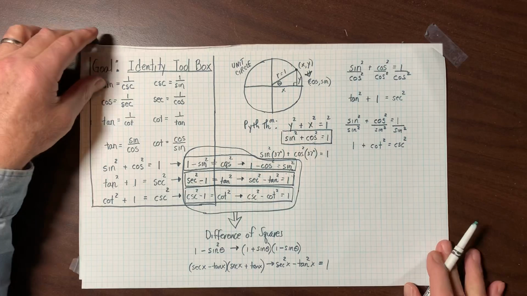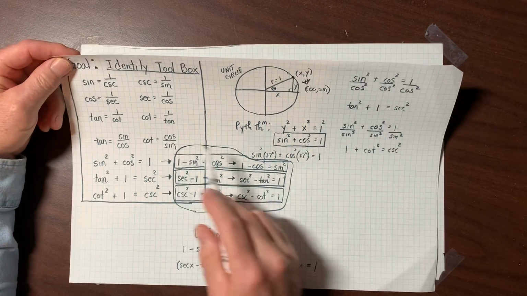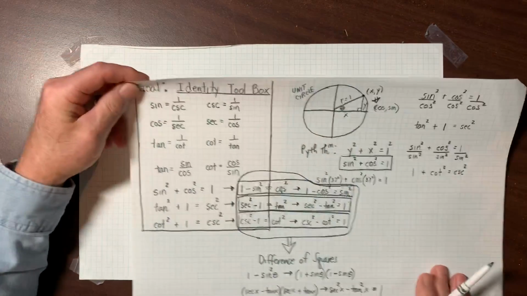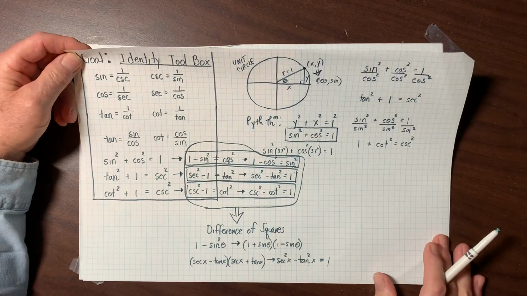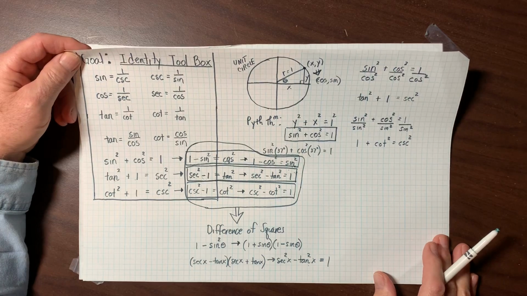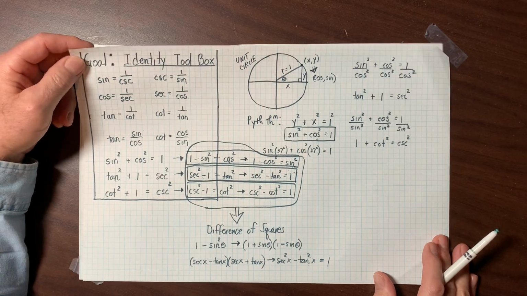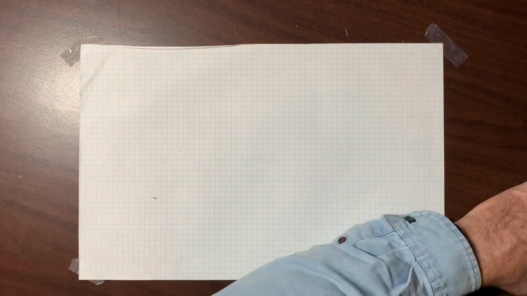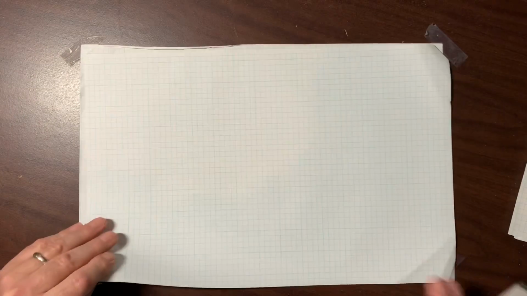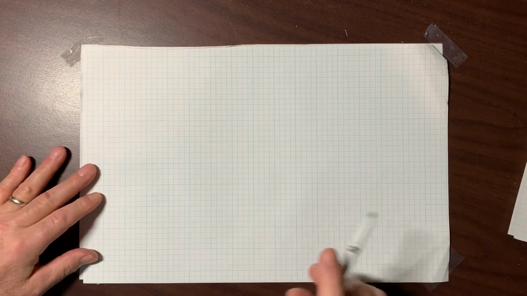Okay, so this toolbox that I just created here, I'm going to slide it off camera, but occasionally I'm going to slide it back on so I can point out to you which tools in the toolbox we're going to use. But I'm going to go ahead and do some problems for you. All right.